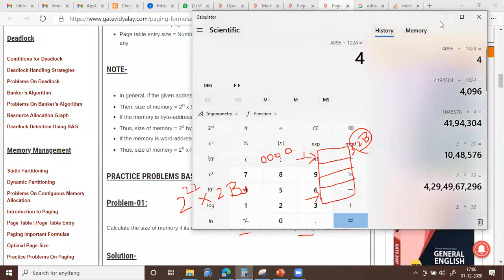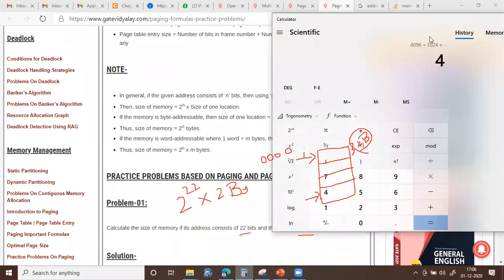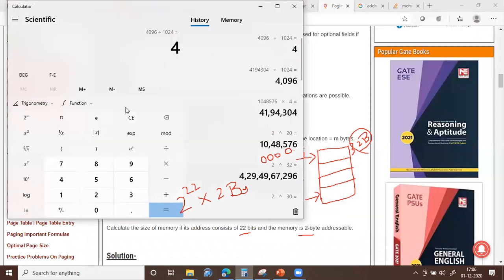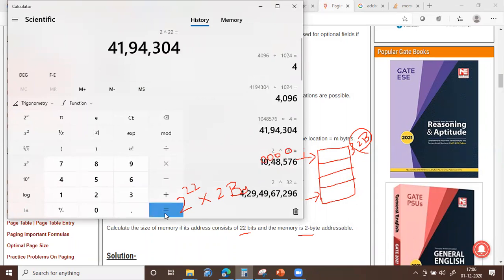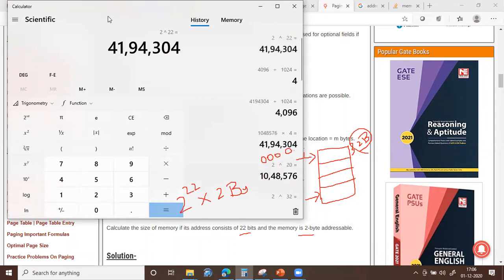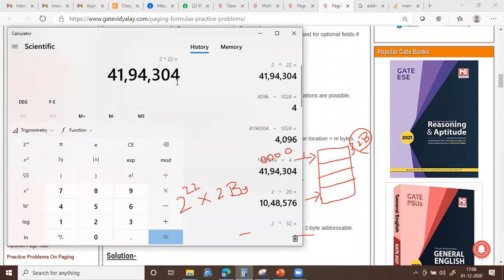Let me calculate 2 to the power 22. It comes to this value, 4194304.